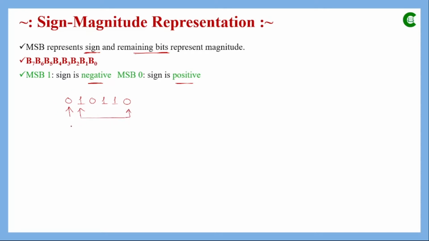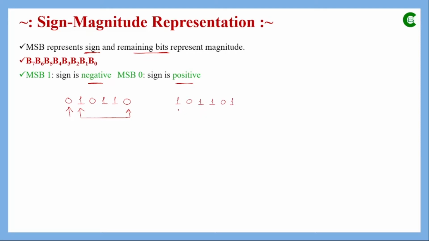As per this representation, since the MSB is 0, this number will be a positive number, and then we have to see the decimal equivalent of the other part of that number, and accordingly we will be able to answer.